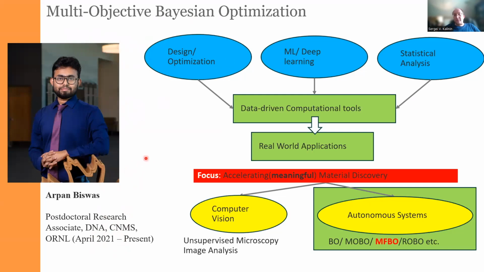He is a great person who actually built the framework that I'm going to talk about. Arpan's expertise is basically experimental optimization, machine learning, statistical analysis, and putting it all together into the design and operation of autonomous systems and workflows. As you will see, this is very necessary expertise.